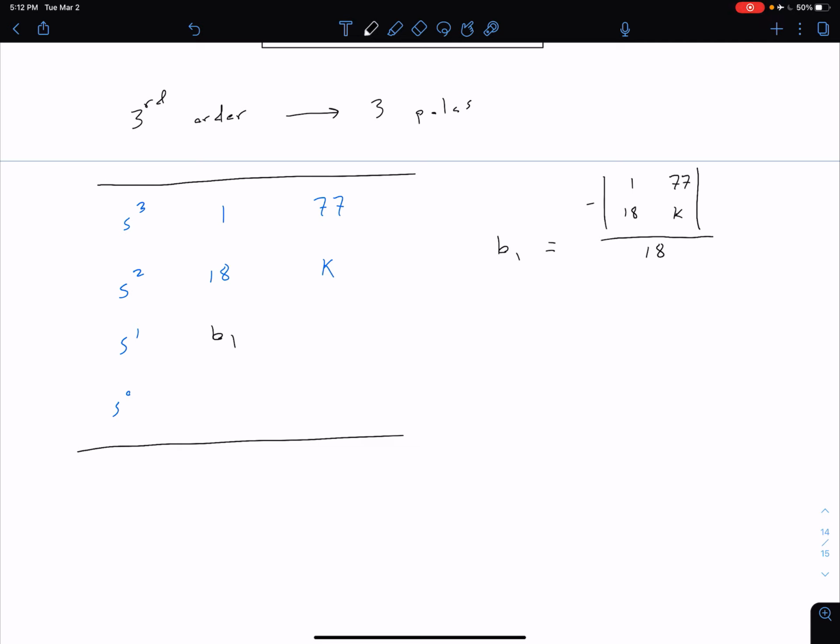Of course, we have some variable in there, so we're not going to have an exact number, but rather an expression. So for this entry, we're going to have 1386, which is 18 times 77, minus k, divided by 18. And then because we have 2 implied zeros here, this entry is going to be 0.